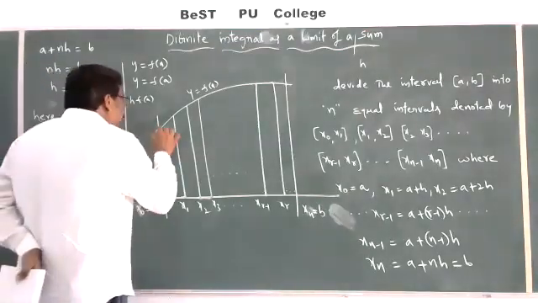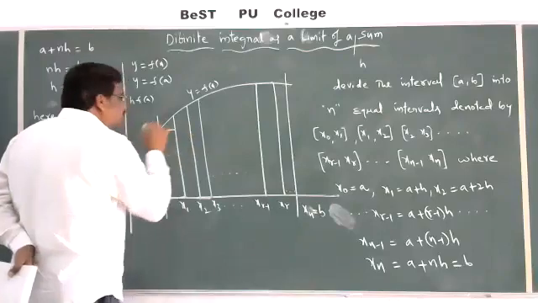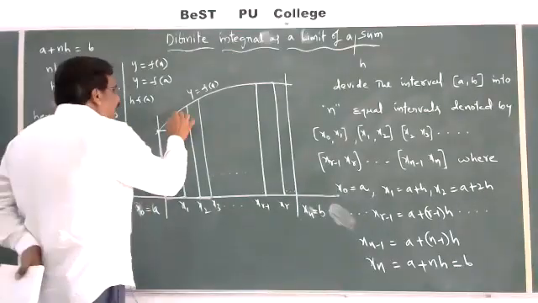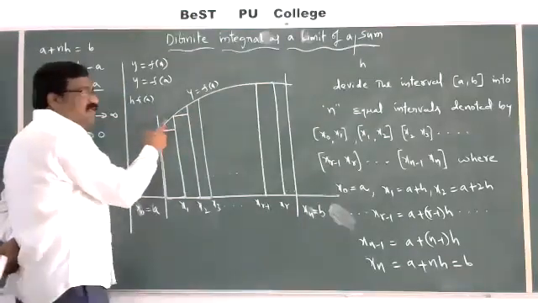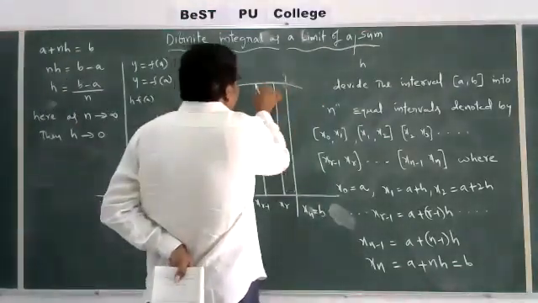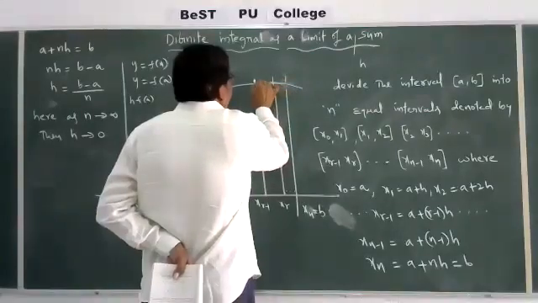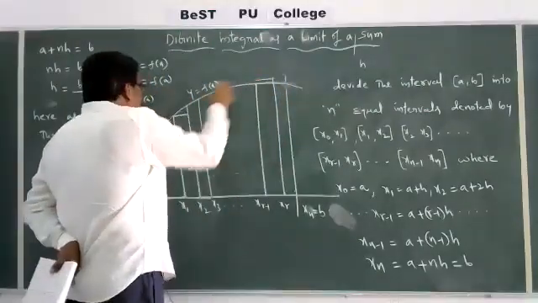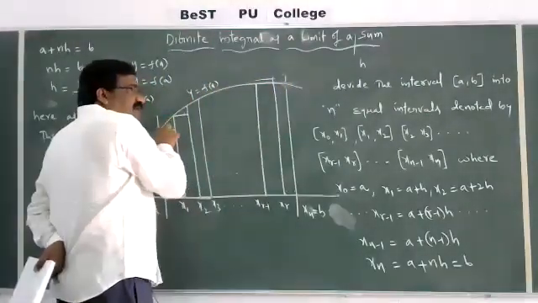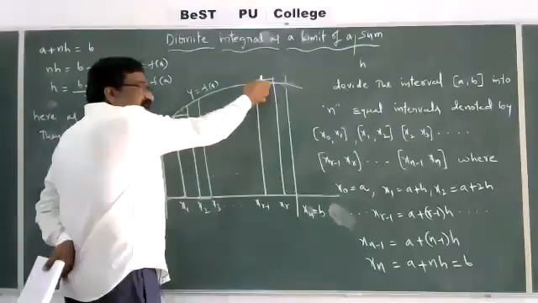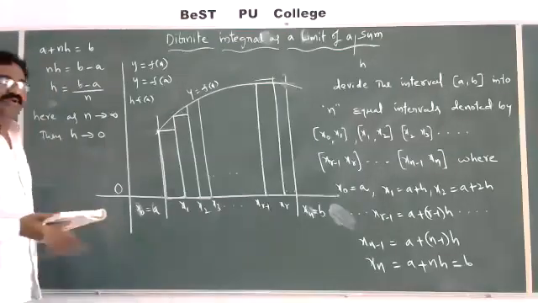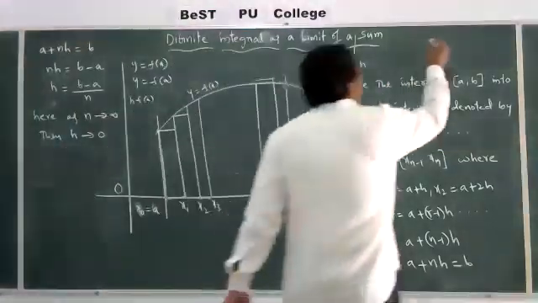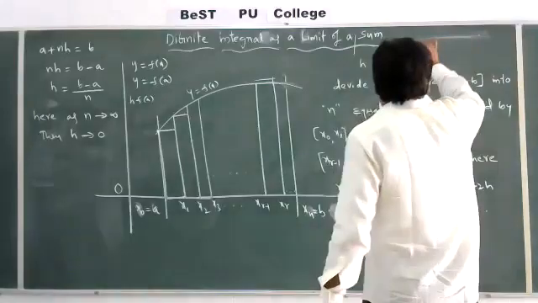But here you make a rectangle like this, leaving some area. Sometimes we are adding some area. Here we are losing some area, here adding some area. That's why at last you get the perfect area. The curve is not a perfect straight line. The curve can also be like this.